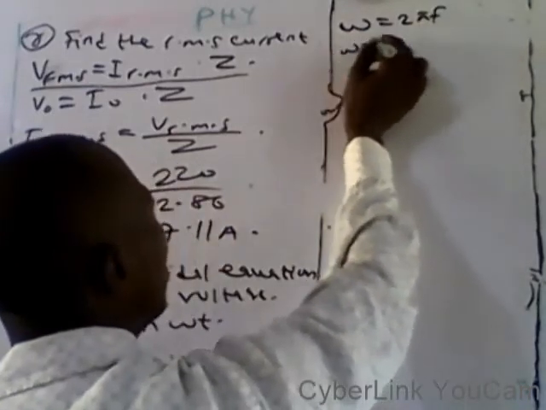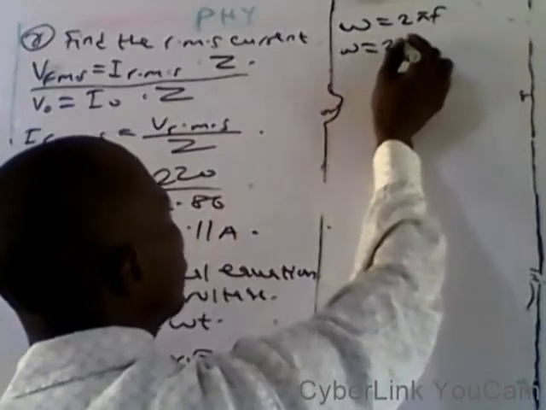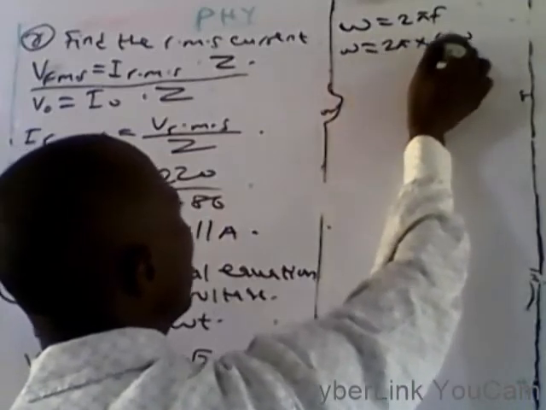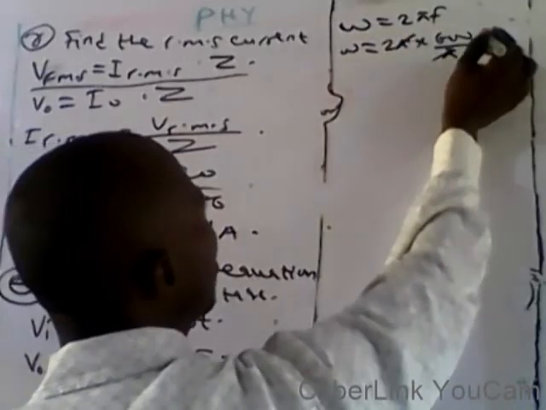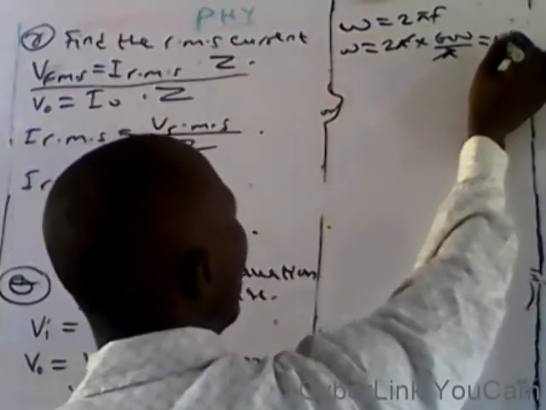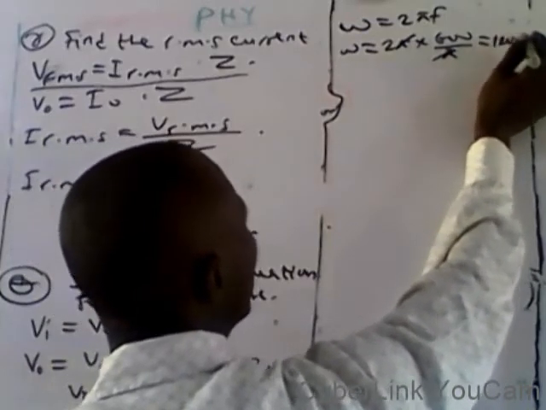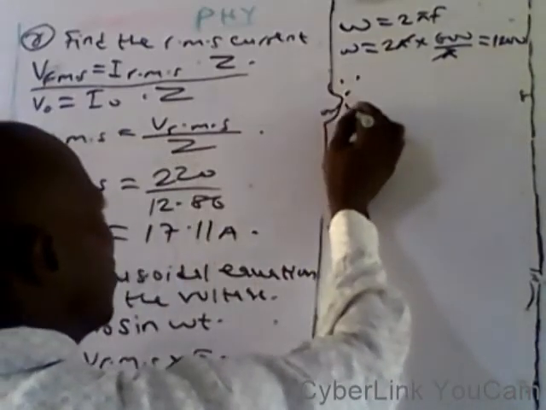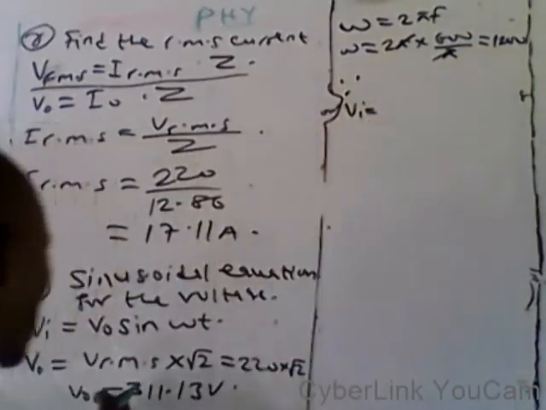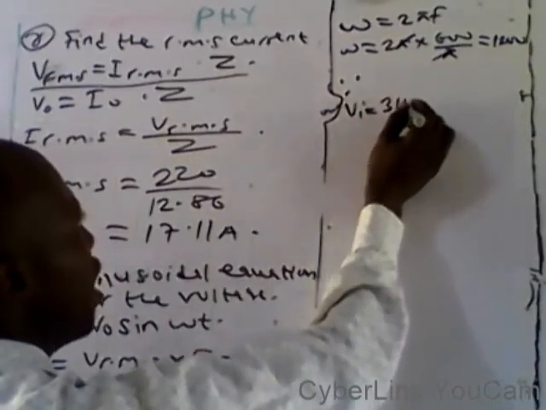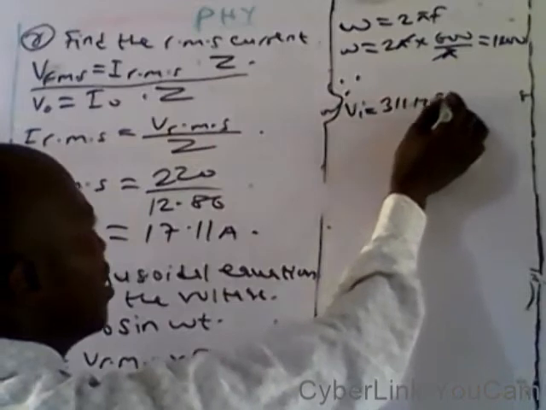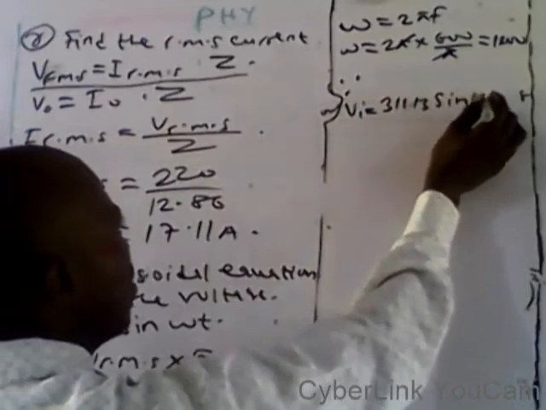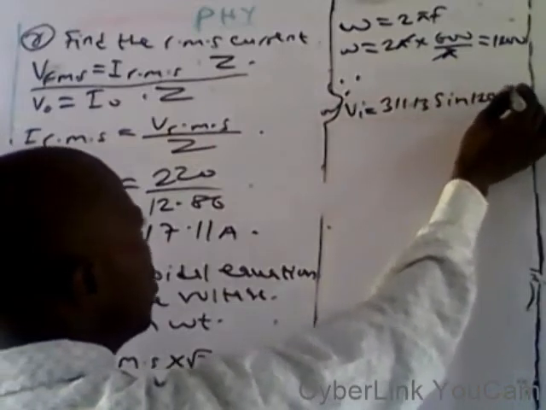So omega will now be 2 pi times 600 over pi. So I have 1200. So omega is 1200. Therefore, V instantaneous will be 311.13 sine 1200t.